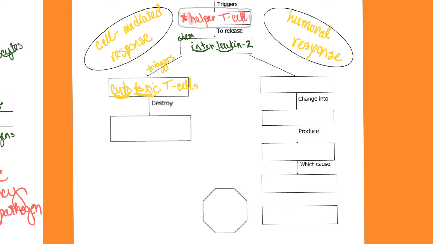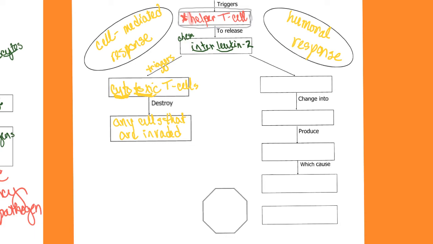They are going to destroy any cells that have been invaded. And they can puncture a little hole right in the outside of the cell that has been invaded, and then it will not be able to maintain its own homeostasis.